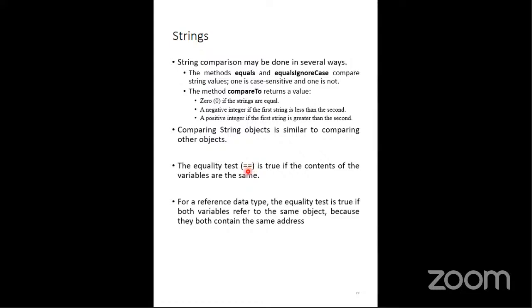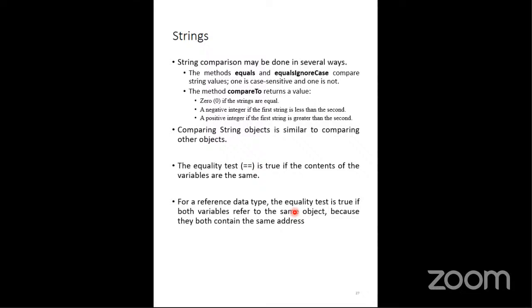Okay, so in general, when the left hand side and right hand side of the equality operator have the same value, the equality operator returns true, otherwise it returns false. Now, if on the left hand side and right hand side, I have specified a reference type, a reference to some object, then in that case the equality operator will return true if both the references are referring to the same object.